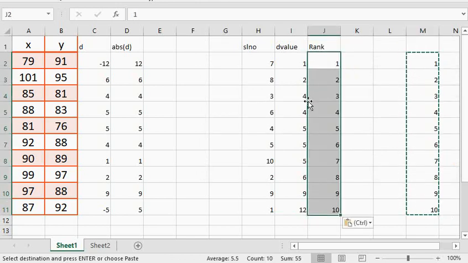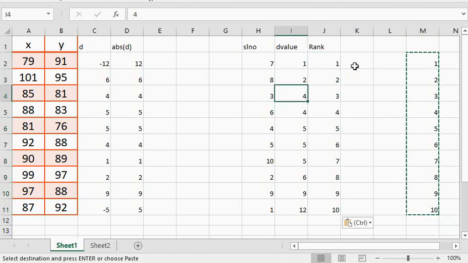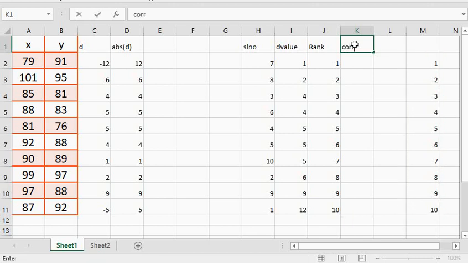But 4 is repeated here 3 times, so we need corrected ranks. The first one is repeated only once, so it is given rank 1. The second, again only once, is given 2. The third and fourth are both 4, so they take the average of 3 plus 4 by 2, 7 by 2 equal to 3.5, given to both.